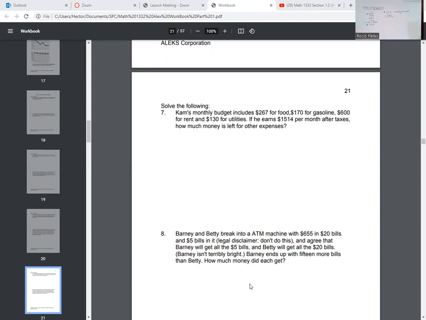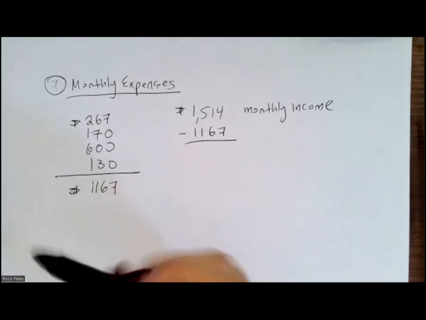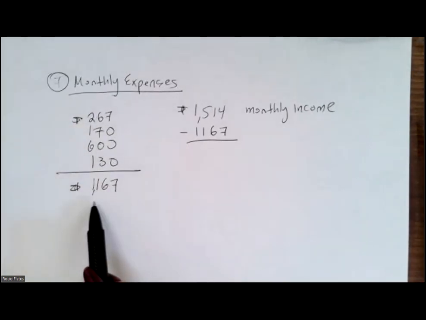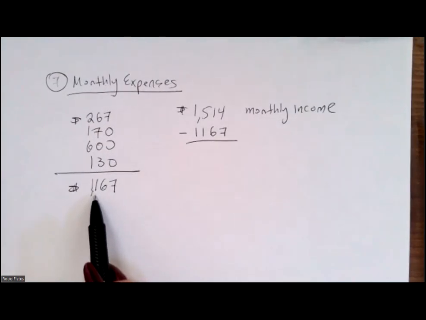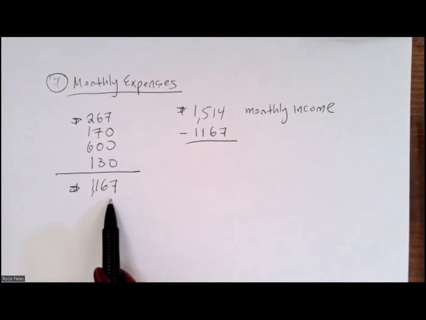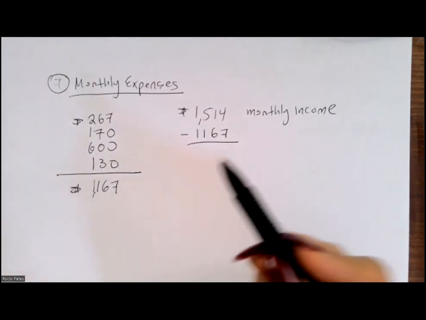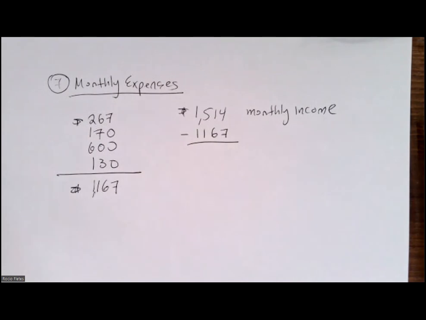So let me stop sharing here so you can see. So I listed all the monthly expenses. I went ahead and added them, and I added 1,167 for total expenses. When adding all the expenses, they gave us this total. So she's making 1,514.